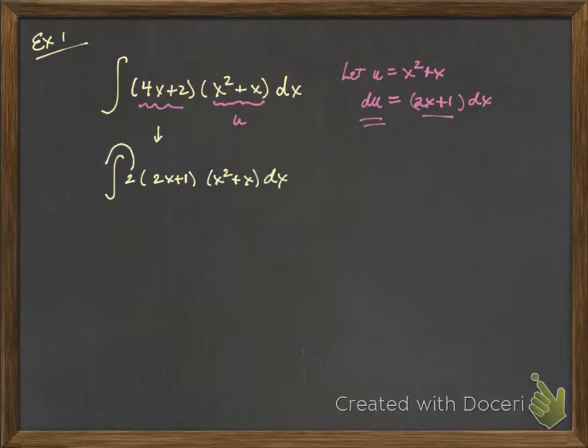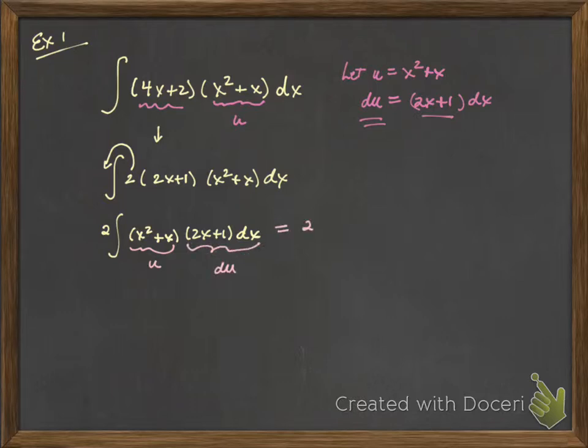I know the 2 can come out in front of the integral. So 2, and let me even rewrite this in the other order: x squared plus x, and then 2x plus 1 dx. At this point, I see there's my u, and this whole expression is my du.